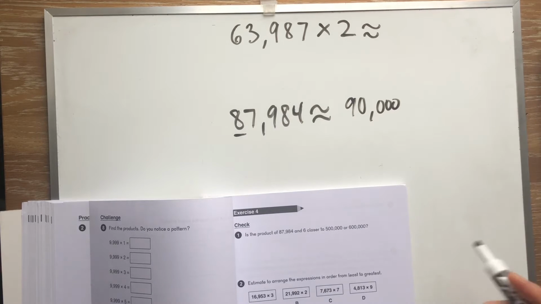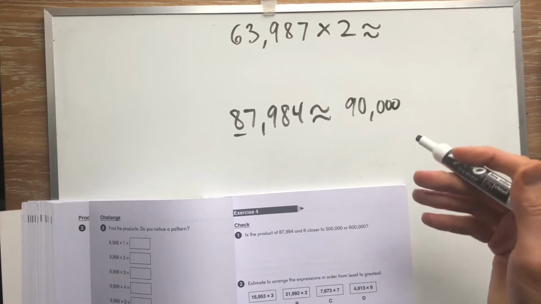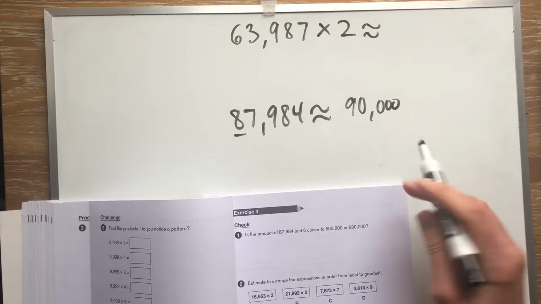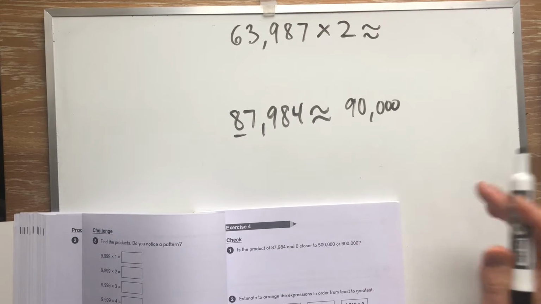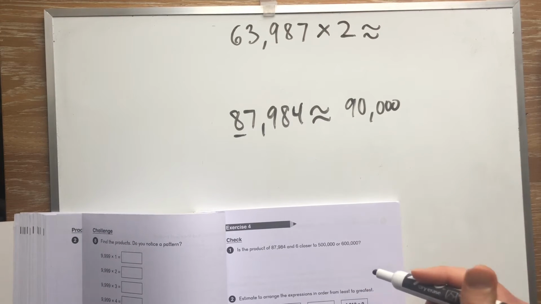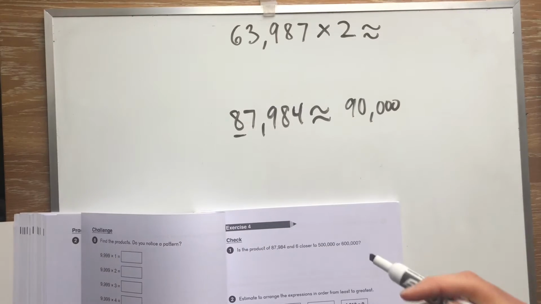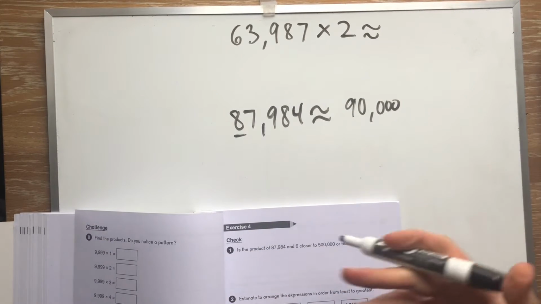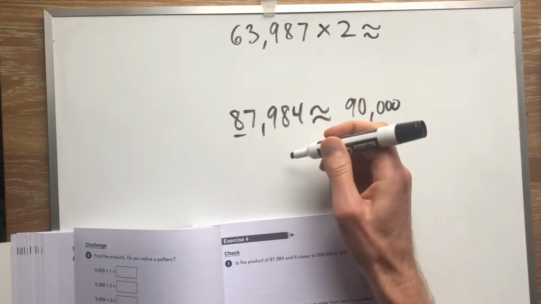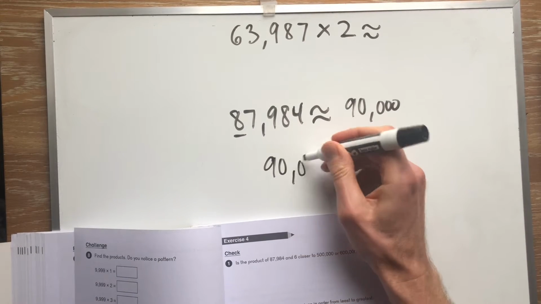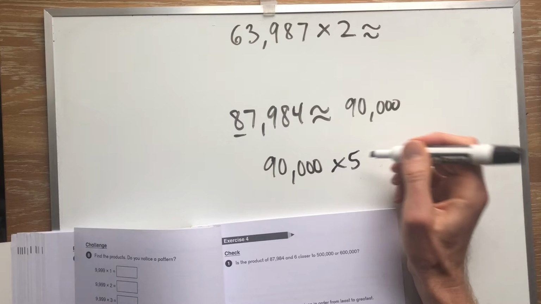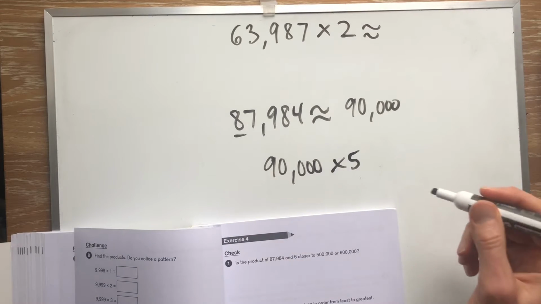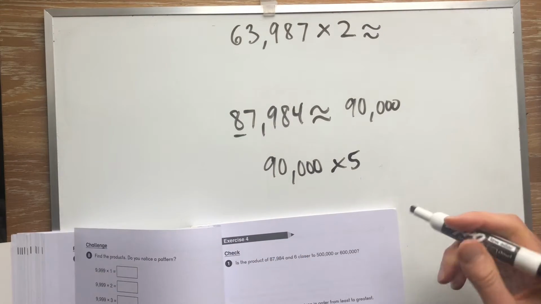So 90,000, and they're saying the product of this number and 6, so 90,000 times 6. I don't want to tell you that answer because I want you to do it. But I'll pretend it's 5. So let's say we have 90,000 times 5. Really it's 6, so don't just write this down, but I'm doing a similar problem to give you an idea of how to do it.